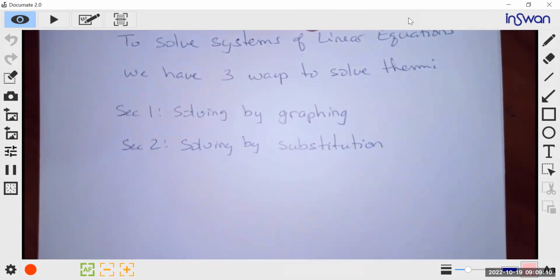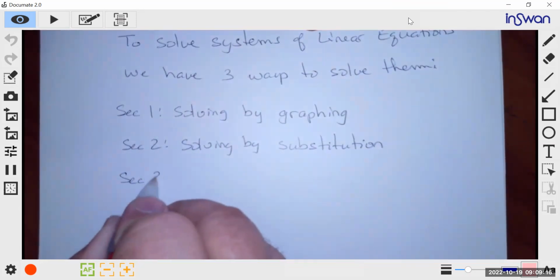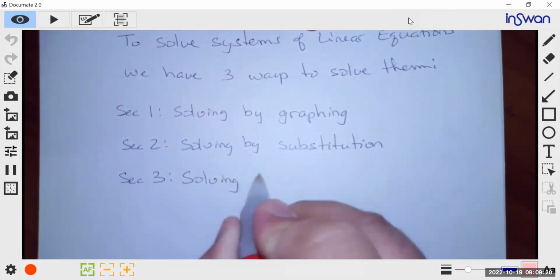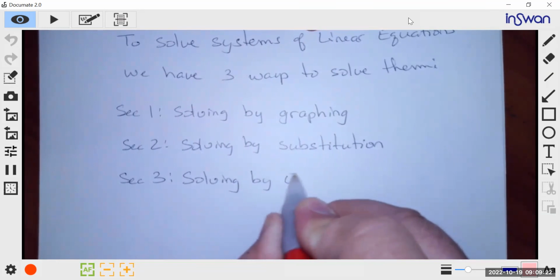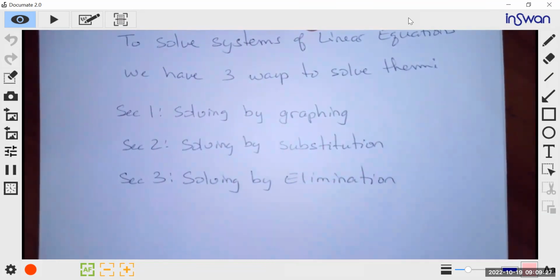We're going to take one equation and put it inside the other equation. Section 3, solving by elimination.